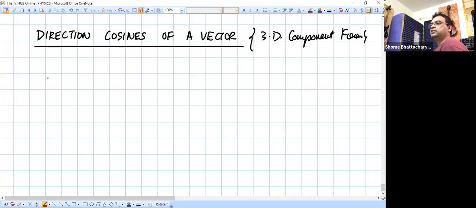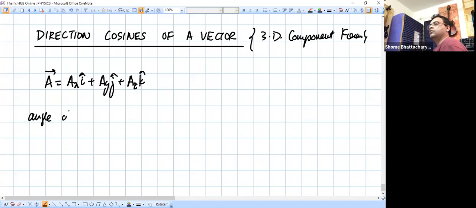Given a vector with its three components, the angle of vector E with respect to x-axis is generally denoted by the symbol alpha.